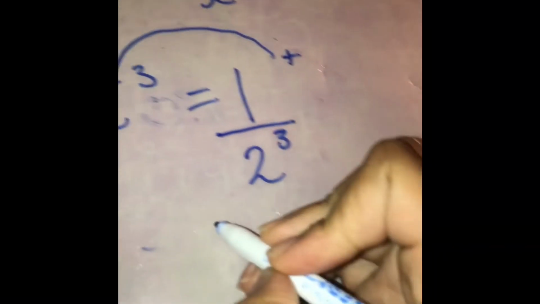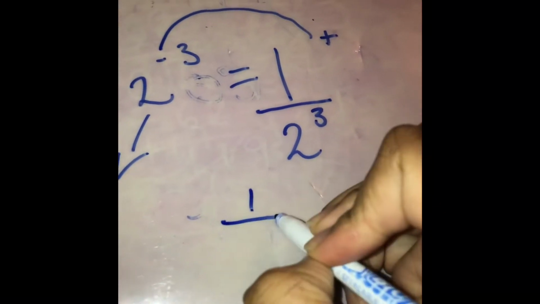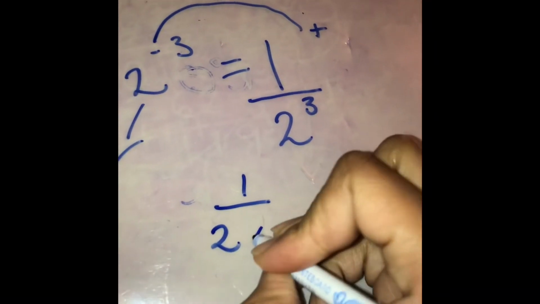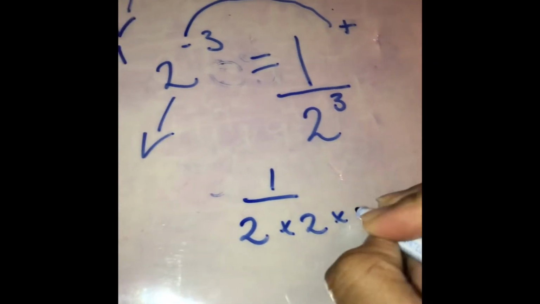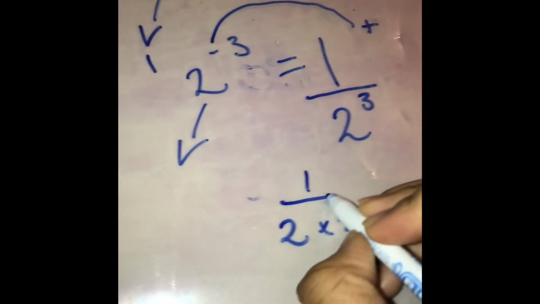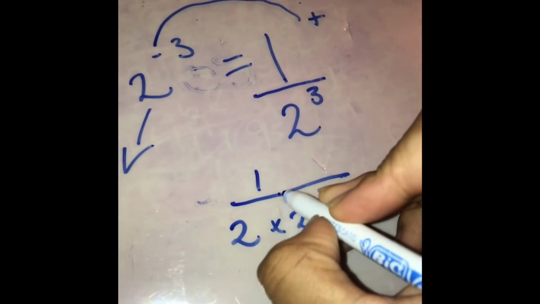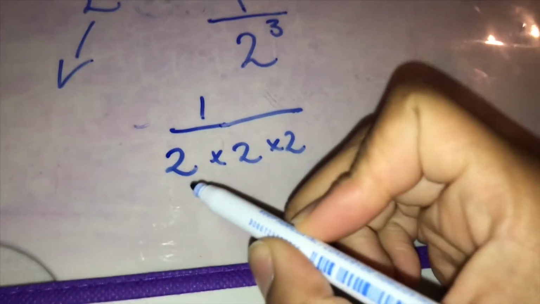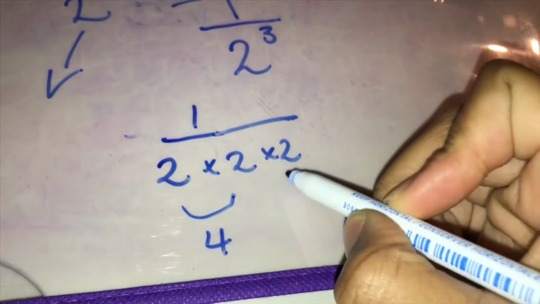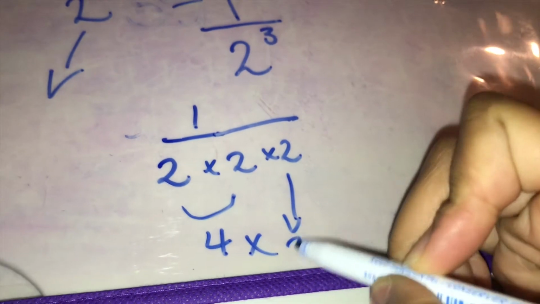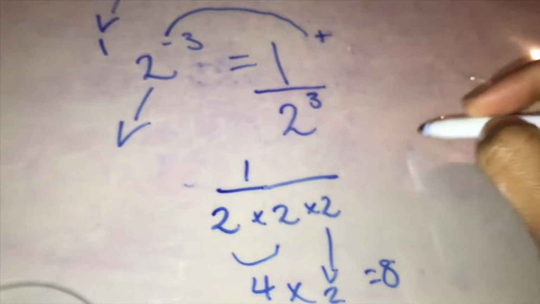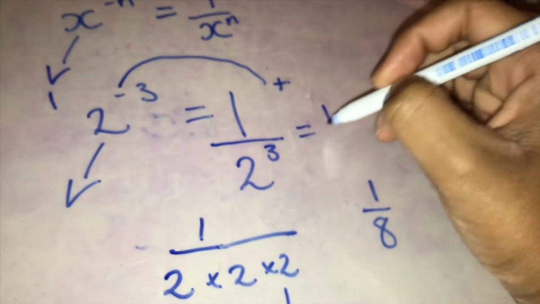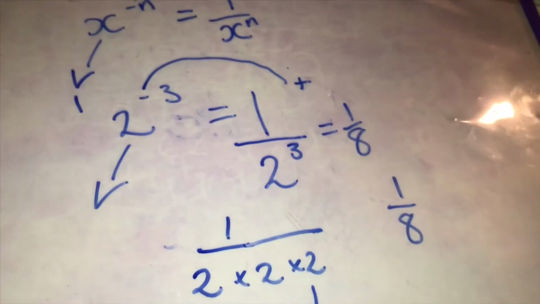This is basically 2 times 2 times 2. So 2 times 2 is 4, times 2 is 8. So this now becomes 1 over 8. There you go. That's it.